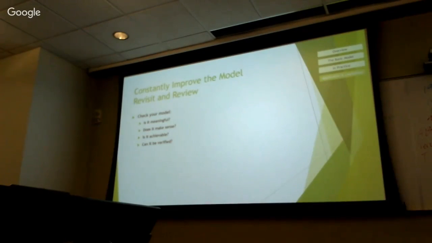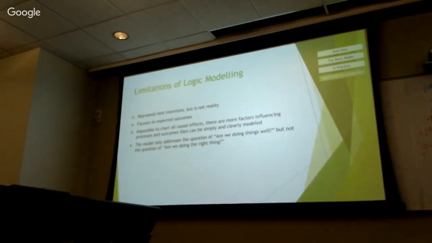You're going to ask the if-then statements that don't necessarily have a specific end. So one of the limitations you're going to worry about is, can it be verified? Is it something that I can really specifically see? What you're going to do is represent the best intentions. This is the most likely outcome. You want to go through all of your assumptions to be able to do that.